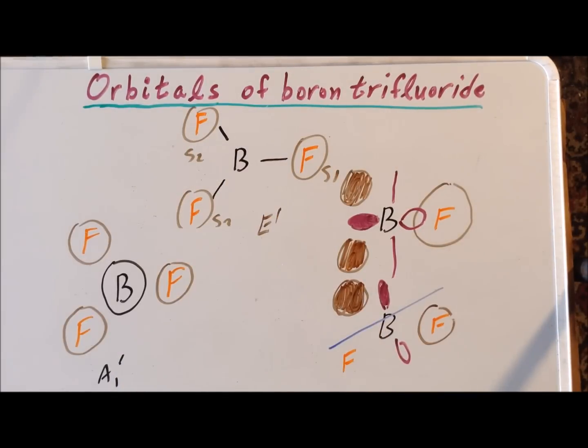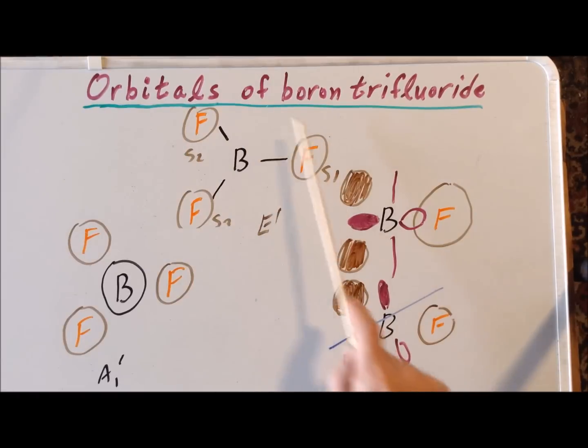Well, we recall that boron trifluoride is a catalyst for the Friedel-Crafts reaction. It's electron deficient. It's a very strong Lewis acid, and its Lewis acidity derives from the fact that it has this empty pz orbital, which is available to accept a lone pair.